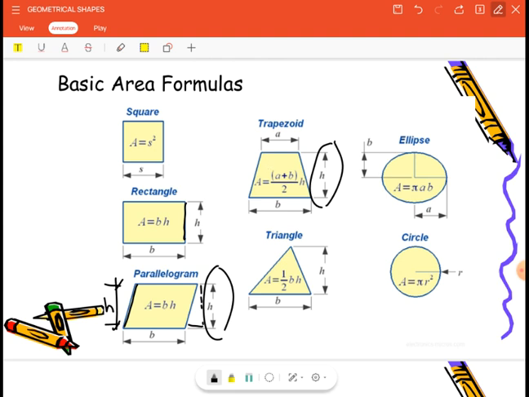For triangle, we also have 1/2 base times height. Ito ay general formula for the triangle. And for ellipse, meron tayong area din dyan, pi AB. And then for the circle is pi r squared. Okay? So sometimes ang area ng circle, meron din siyang pi over 4 d squared, kung ang given ay diameter. Okay?